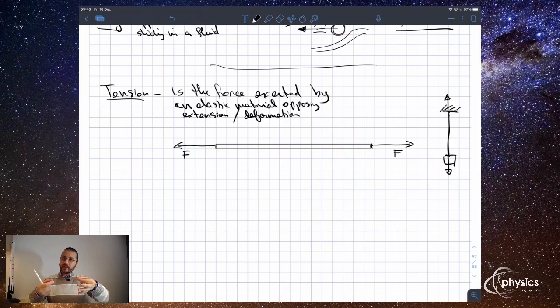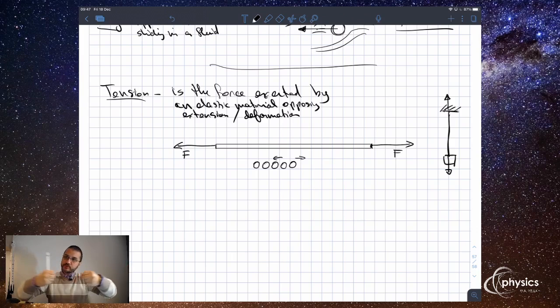So when two forces are applied to a rope and they are stretching it, microscopically the atoms inside the rope are getting further apart. When they get further apart, the force between those atoms, the interatomic forces, which keep the rope solid, increases.